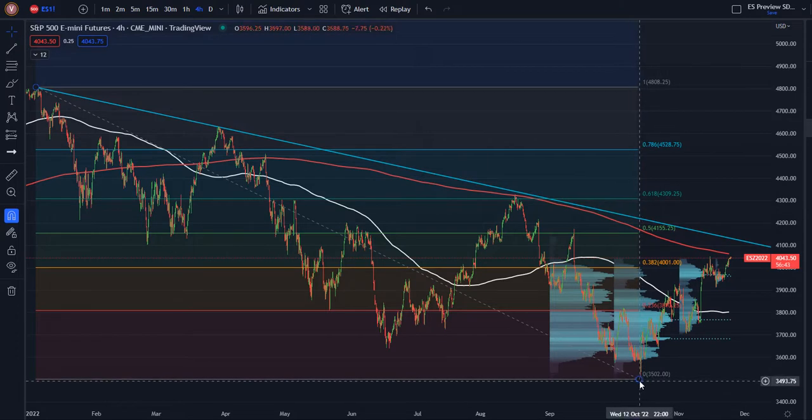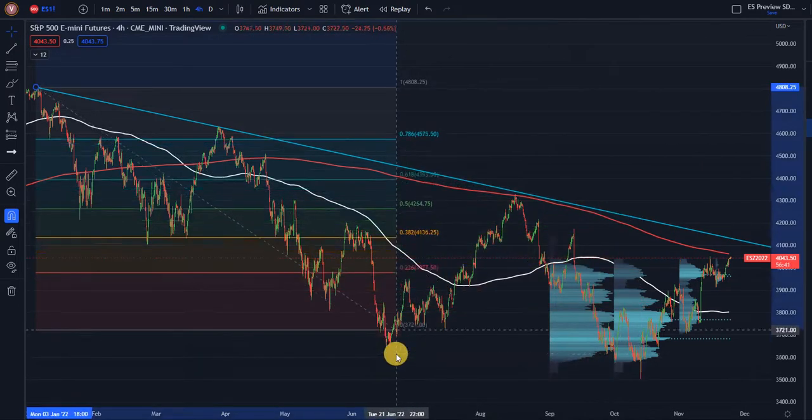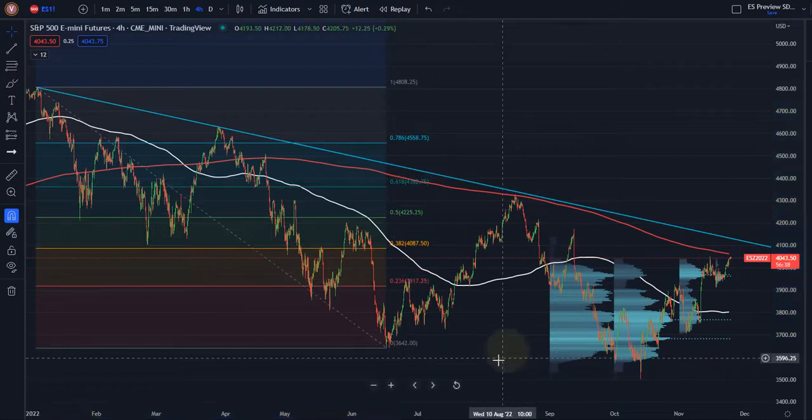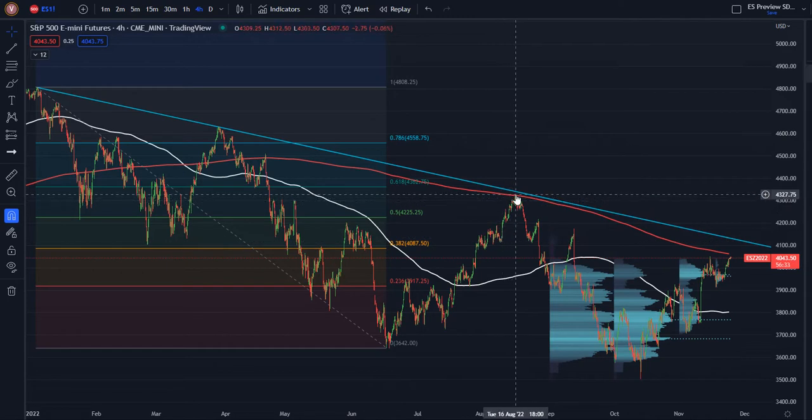So let me do this real quick. Up until that point, this was the low of the year. So when you get up to this point, if you look left, we didn't have any Fibonacci to tell us this is where we were going to stop. We just had the 200-day moving average.